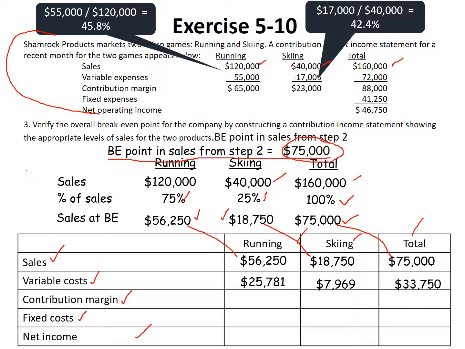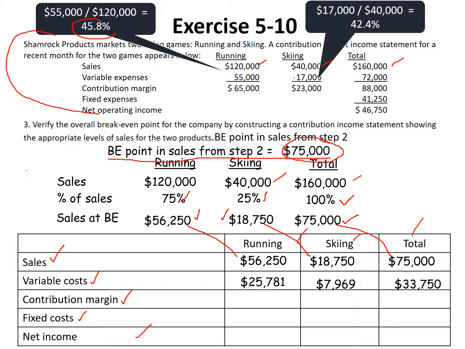So the way I calculate my variable cost is simply, I take my total sales of $56,250.